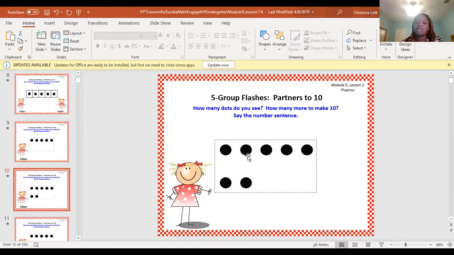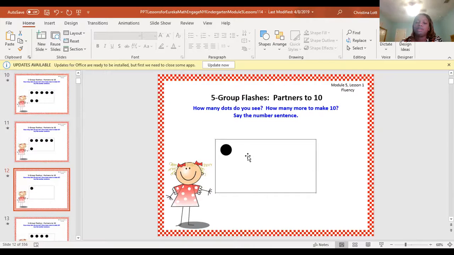And how many more to 10? Good. How many? 6. And how many more to 10? 4. Good. How many? 1. And how many more to 10? If you said 9, you were correct.